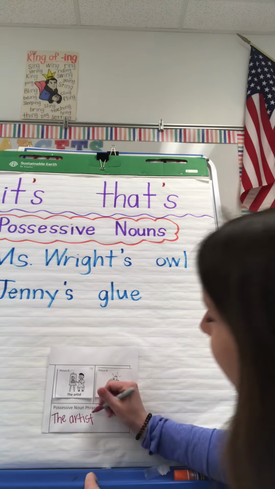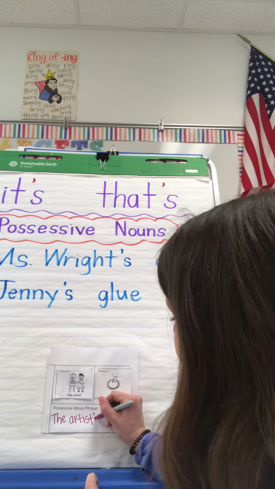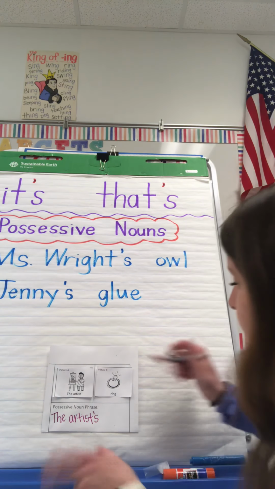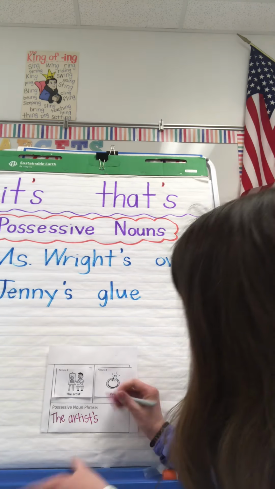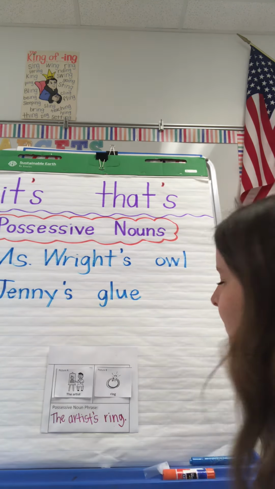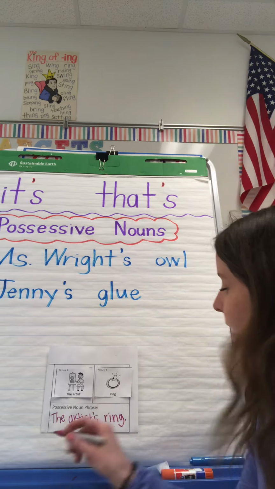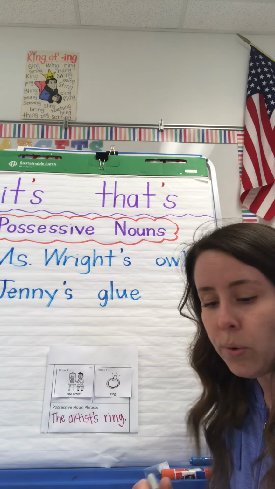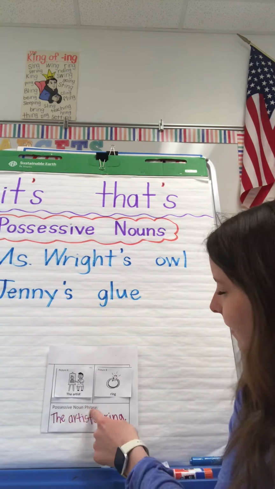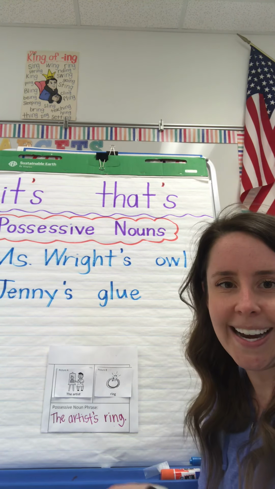Now, we can't forget that apostrophe S, because remember, that is what shows us that the ring belongs to the artist. So we'll write the artist's ring. So now, my friends, if anybody sees this sentence that you wrote, they will know that the ring belongs to the artist because they see that apostrophe S.